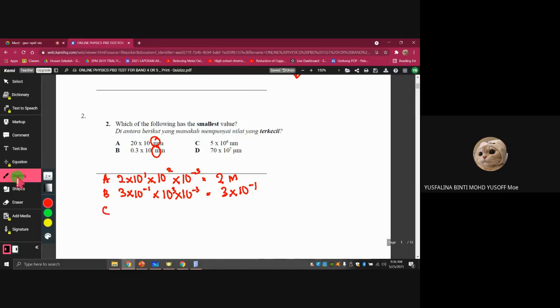Okay, and for C and D, please try to do it based on A and B that I already taught you just now. For C and D, you have to calculate.